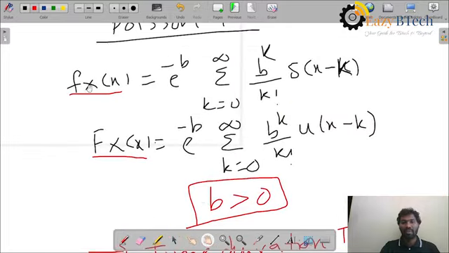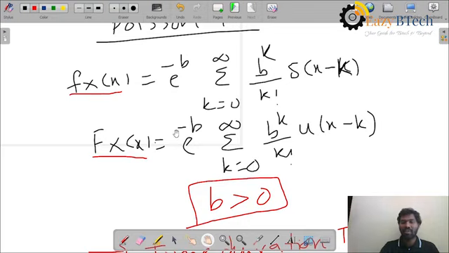So the Poisson random variable density function is given by e power minus b, summation b power k by k factorial into delta of x minus k. The density function is always with the impulse function, whereas the distribution function is always linked with the step function.